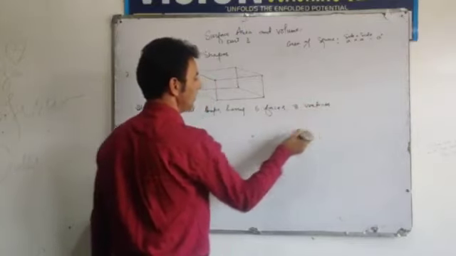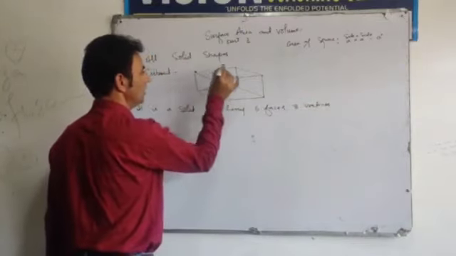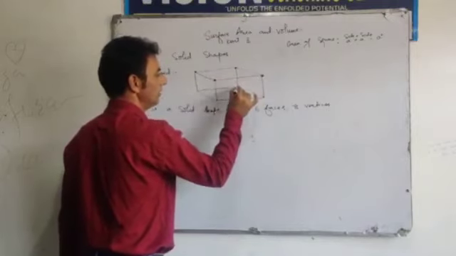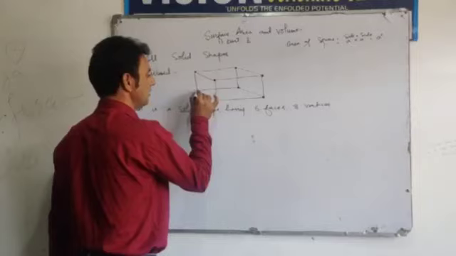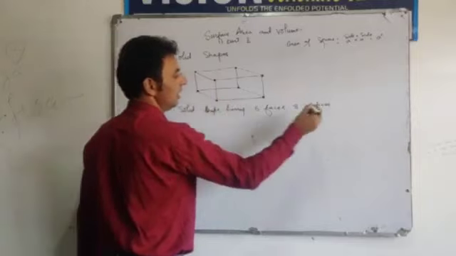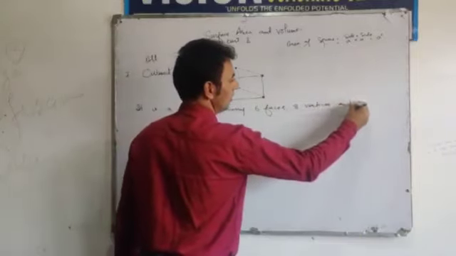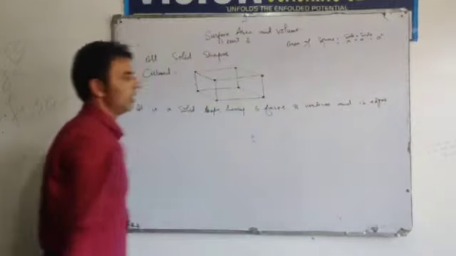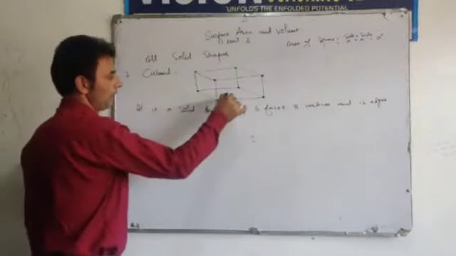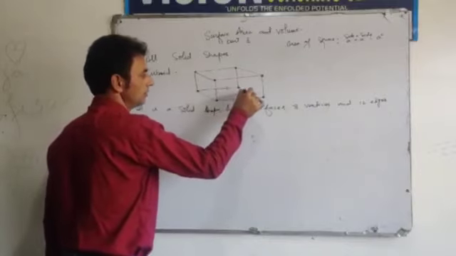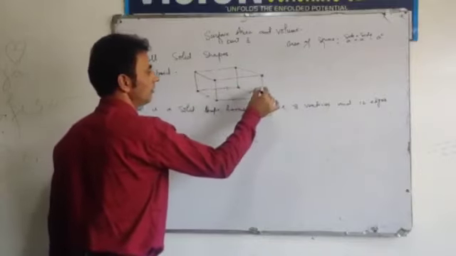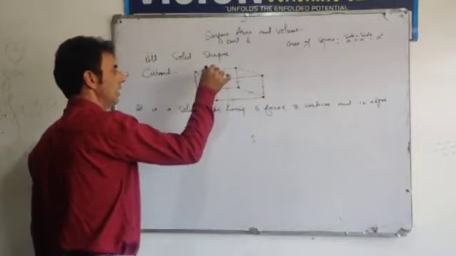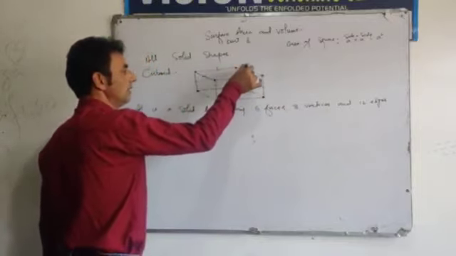These 8 vertices are 1, 2, 3, 4, 5, 6, 7 and 8. And 12 edges. Its 12 edges are 1, 2, 3, 4, 5, 6, 7, 8, 9, 10, 11 and 12.